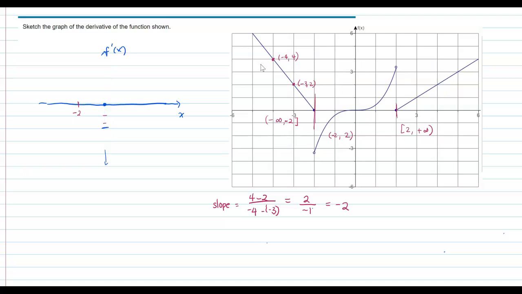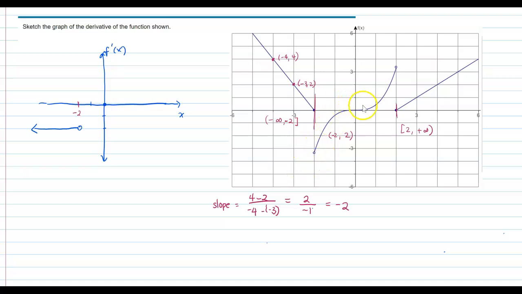So that is negative 1, negative 2. So this would be the f prime of x is negative 2, so it's just a constant. Now there should be a hole at x equals negative 2. So that's the graph on that interval.